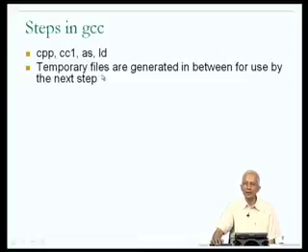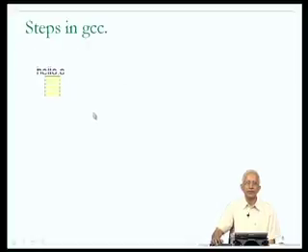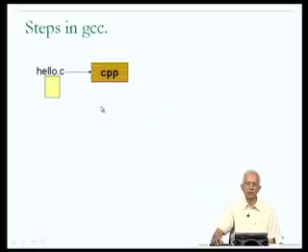So these temporary files, if they are available to us, may provide us with some idea about what is happening to our program as it gets translated by GCC, which is why I mentioned this. Okay, so the way to look at this is that your program, hello.c, which was written in C, is taken in as input by the first step in GCC, which is called CPP, or the C preprocessor.